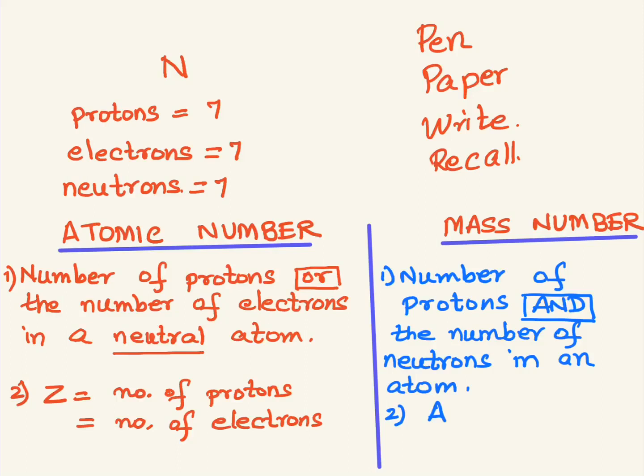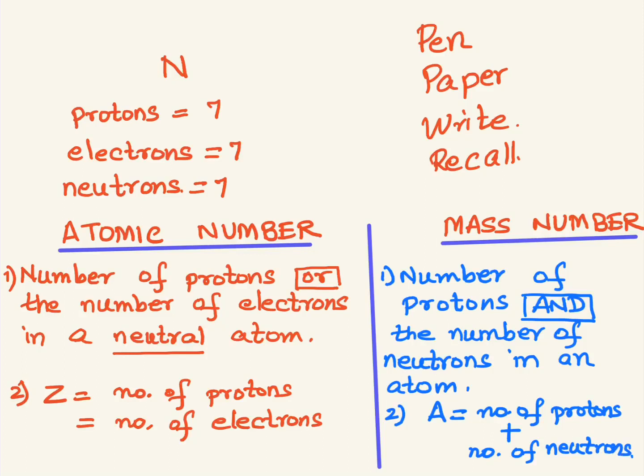Whereas mass number A would be the number of protons plus, don't forget the plus, the number of neutrons in an atom.